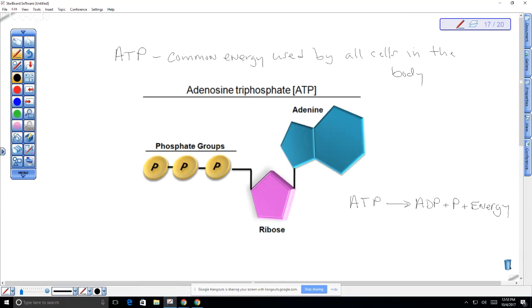My muscles do this all the time. They remove a phosphate group, and they turn that energy that's released into mechanical energy, and it causes the cells to contract. Okay. So ATP is energy that's used by our cells. So those are nucleic acids. So you should know that ATP and DNA are examples of nucleic acids.